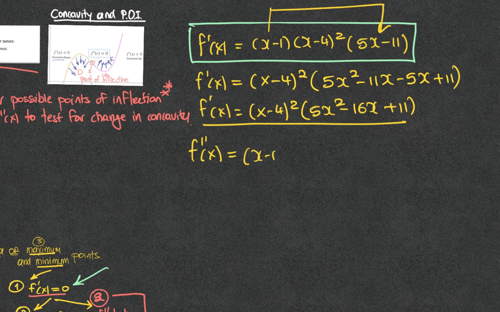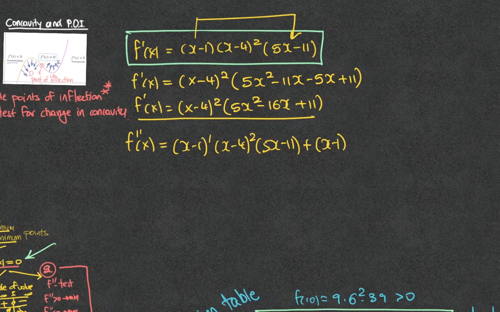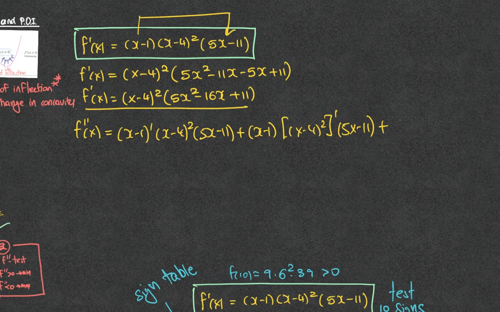I'm going to have the derivative of the first one times the second one times the third one, plus the first bracket times the derivative of the second one times 5x minus 11, and then plus the first one, which is x minus 1, times x minus 4, times the derivative of 5x minus 11.